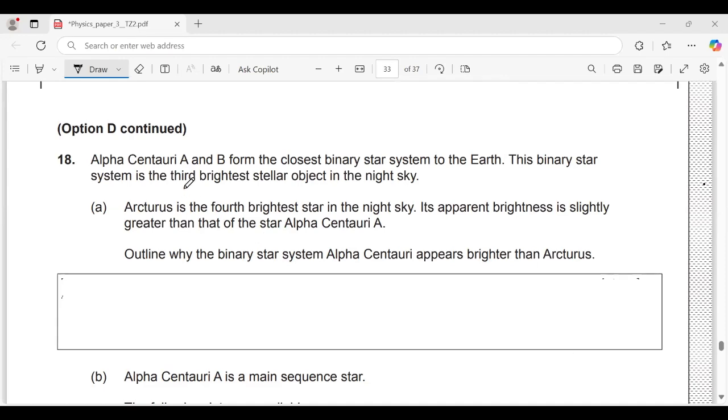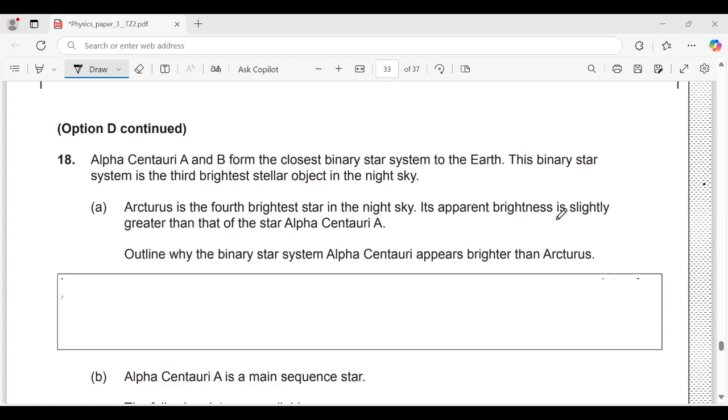Number 18. Alpha Centauri A and B form the closest binary star system to the Earth. This binary star system is the third brightest stellar object in the night sky. Arcturus is the fourth brightest star in the night sky.